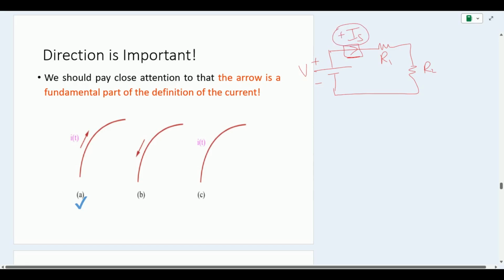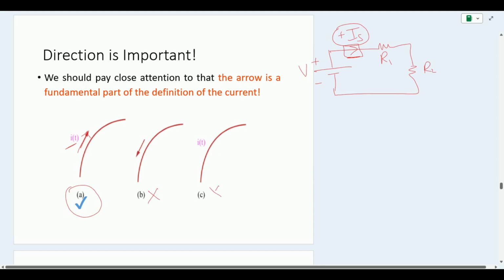It can be seen in these images as well that whenever we are discussing the flow of current, we have to respect the direction and the magnitude represented in figure A. It should be represented with an arrowhead and it should have a value. On the other hand, we always avoid the kind of representation where we only represent the direction and we don't know the magnitude.